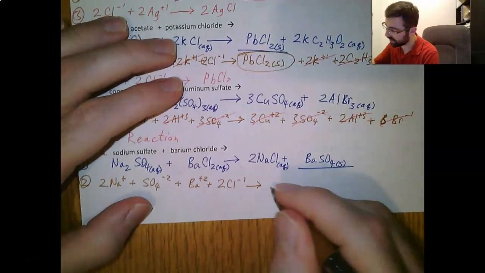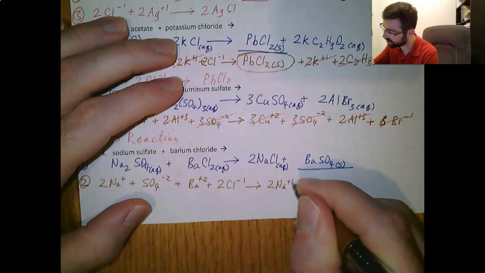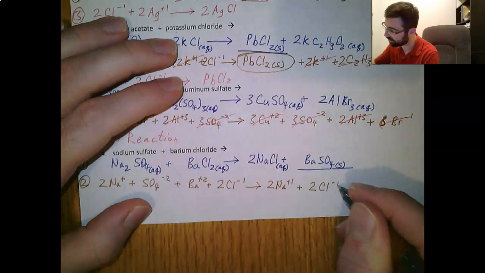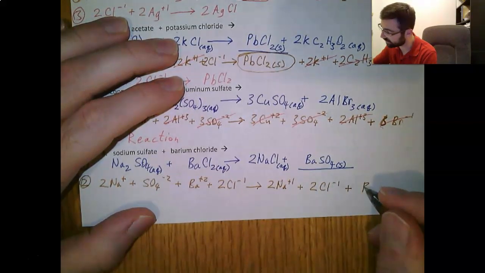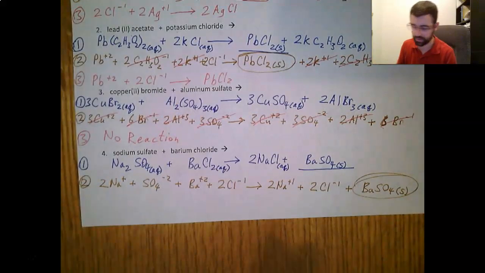I have 2 sodium, positive 1 charge. And I have 2 chlorides, the negative 1 charge. And I have barium sulfate as a solid, and that one stays together as a solid.